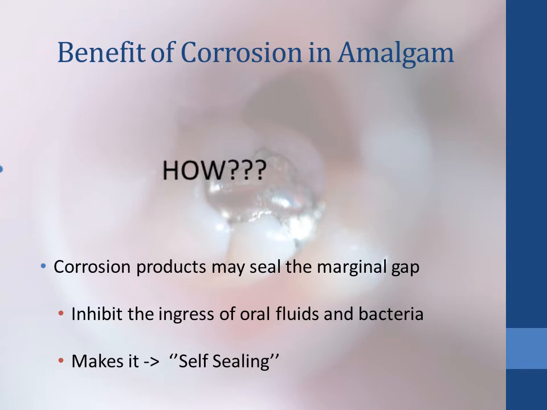So the products actually self-seal the margins of the tooth and filling. That is why we can say that along with the harmful effects of corrosion, corrosion also contributes somewhat of a protective role in amalgam, and that is it makes it self-sealing.